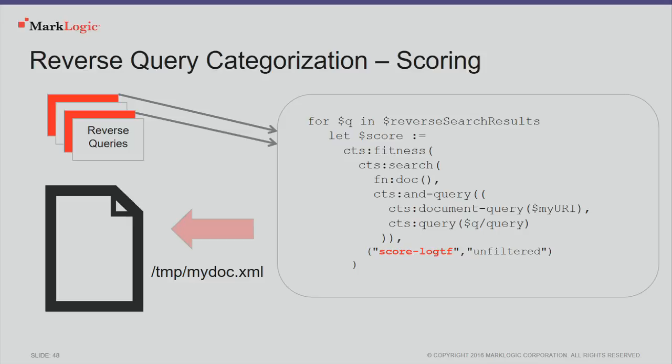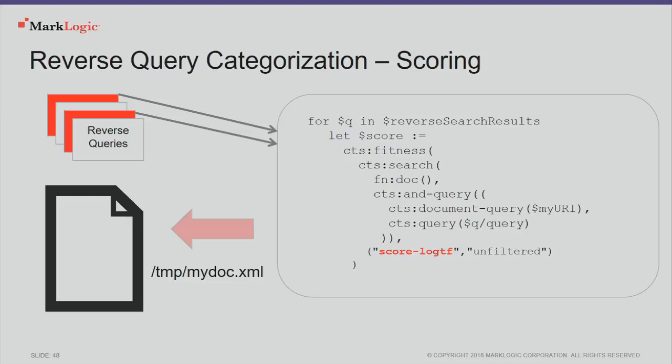What we're going to ask for is the log score, the log term frequency score for each of those 50 queries. That gives us a number we can then rank. It comes back out of indexes, so it's very fast. And it's going to give us maybe the top 5 query documents that match our incoming document.